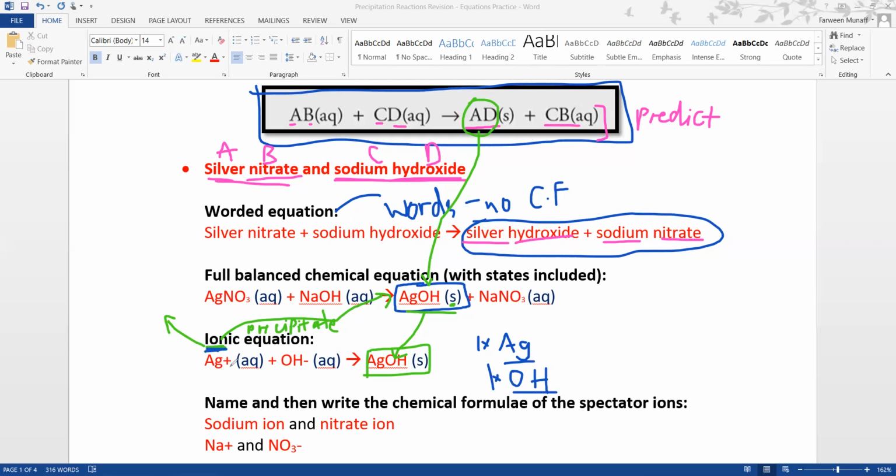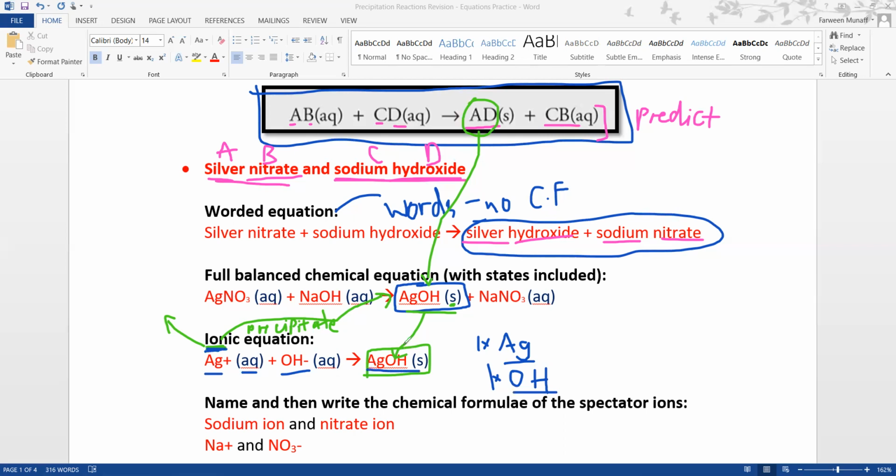We know that silver tends to have a +1 charge, and we know that hydroxide tends to have a -1 charge, being a polyatomic ion. So you just write Ag+ (aq), OH- (aq) gives us the final precipitate, which is formed.